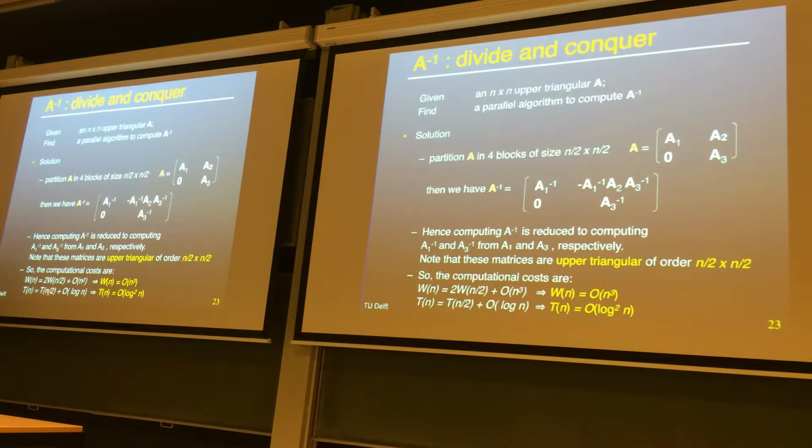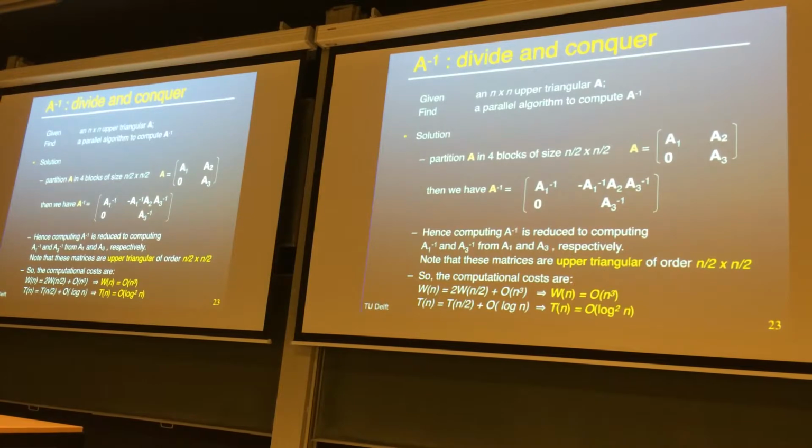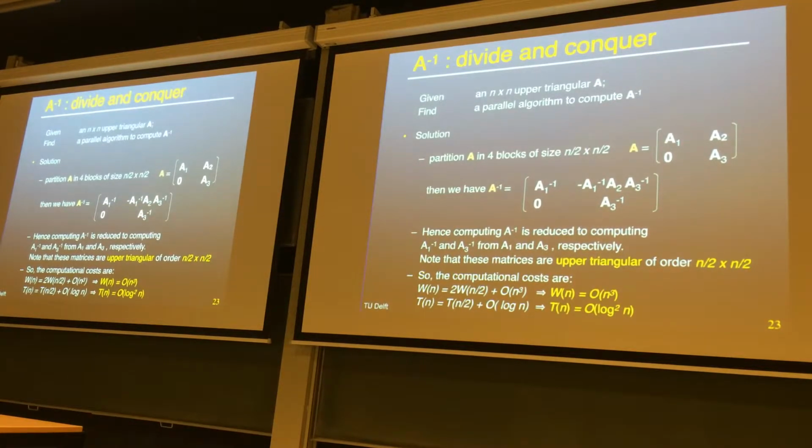So T(n) is T(n/2) plus log n. If you solve for it, it will require log squared. And here you have your basic recursive algorithm for finding an inverse of an upper triangular matrix.